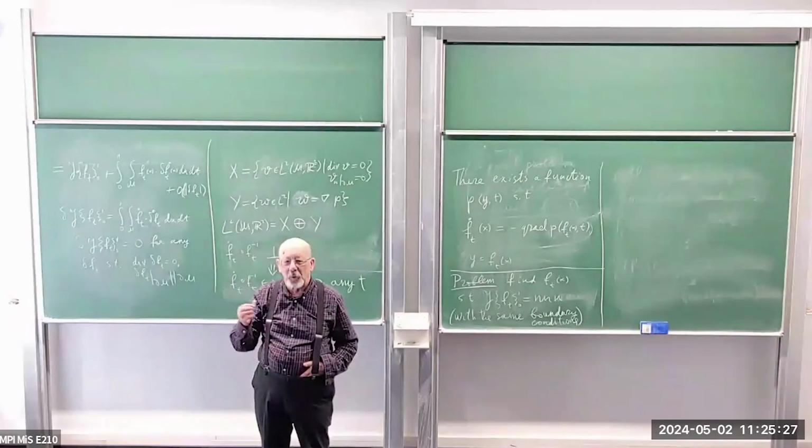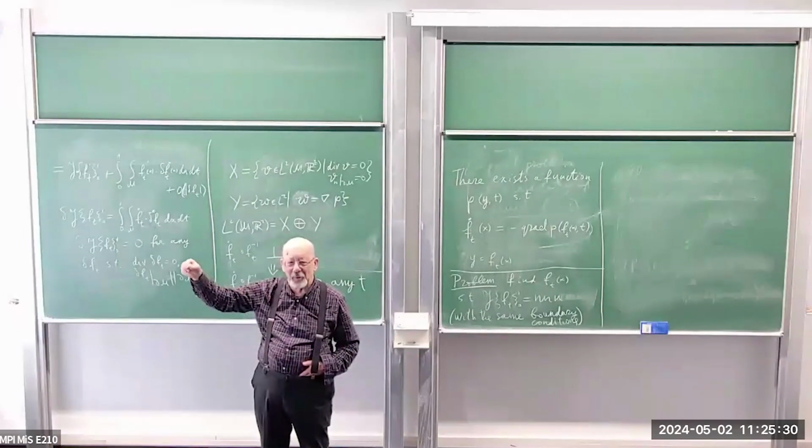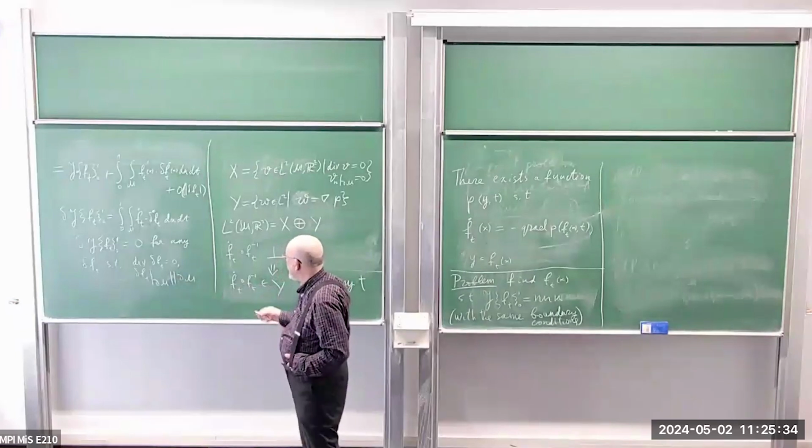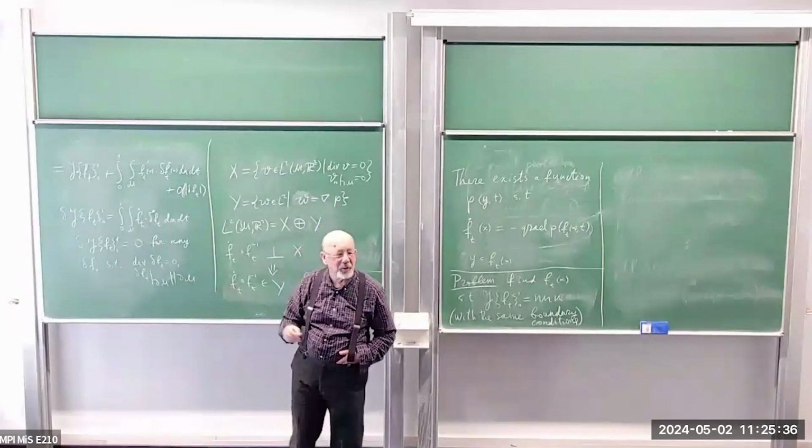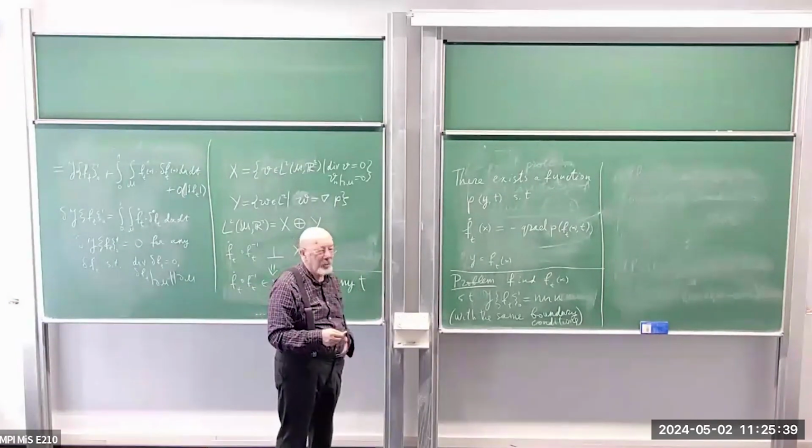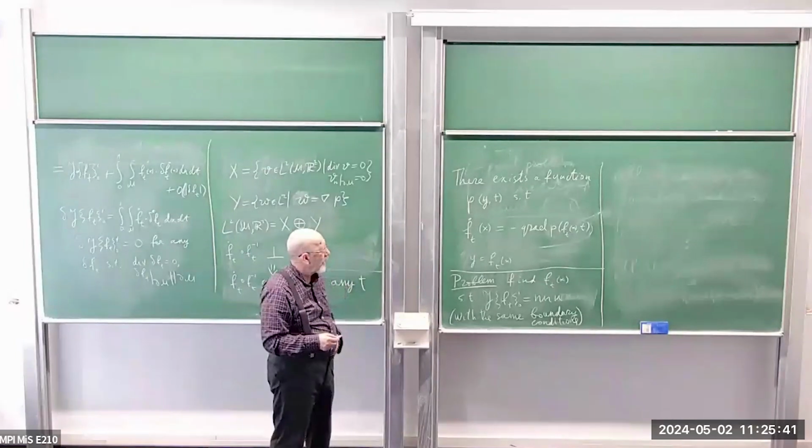We have two problems: to find a stationary point, or critical point, of this functional action, and to find the minimum of action.